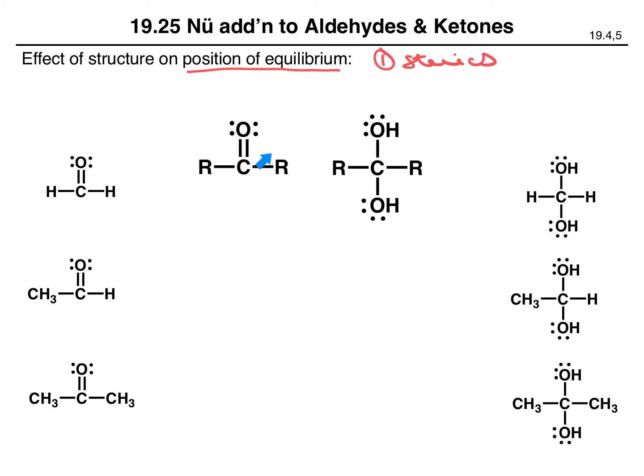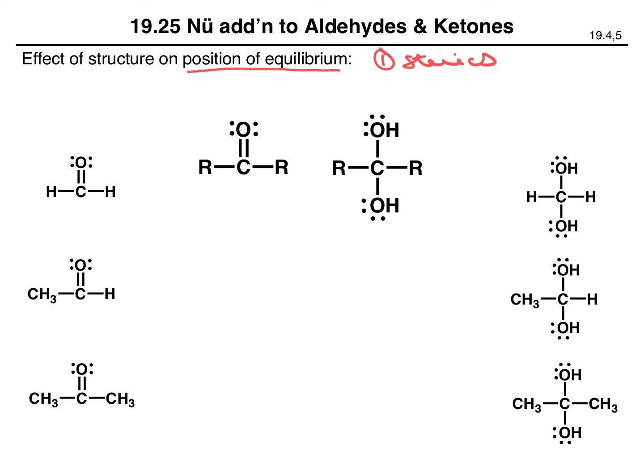So sterics for the starting material aren't going to play a big impact. But when we look at the product, now this carbon is sp3 hybridized, and so we're looking at bond angles of approximately 109.5. And so here the size of the R group is going to play a bigger role. So as we consider the role of sterics, we're going to focus on the product.